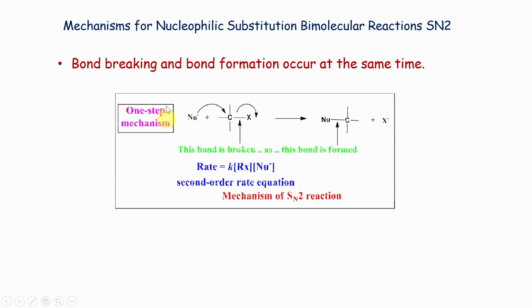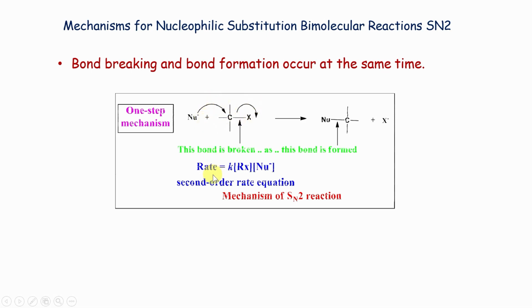Here, both the nucleophile and the substrate molecule take part in the reaction. It is a single step concerted mechanism. That means the bond breaking and bond formation take place simultaneously in a single step, and hence it is a concerted mechanism.